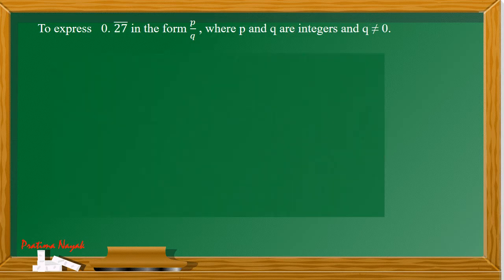Coming to next, 0.27 with a bar on 2 digits. That means 27 is repeated here. Let us call it x. So I'll write 0.27 bar is the same as 0.27272727, and so on. Here, when 2 digits are repeated, I'll multiply 100 with x.